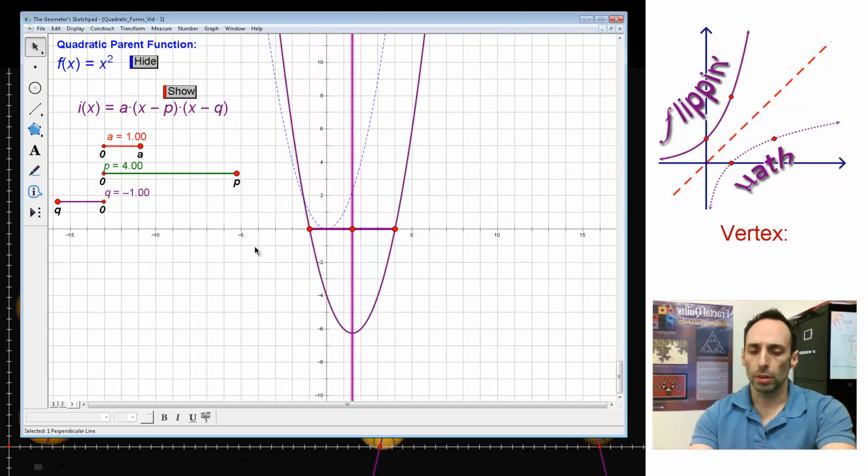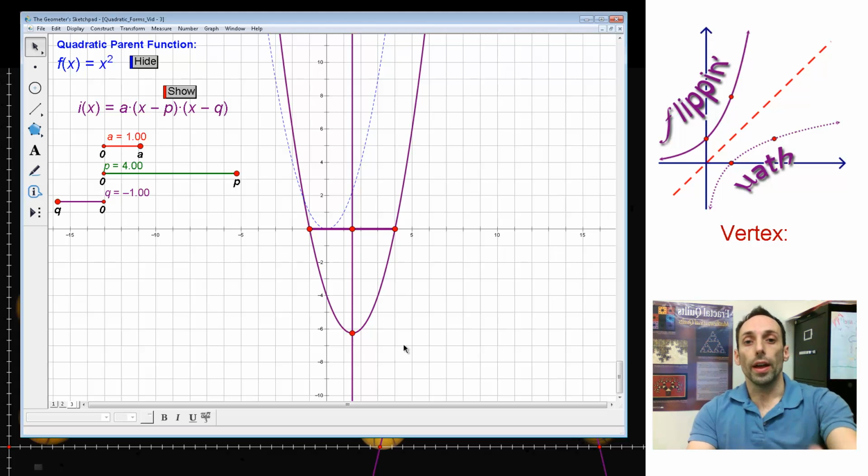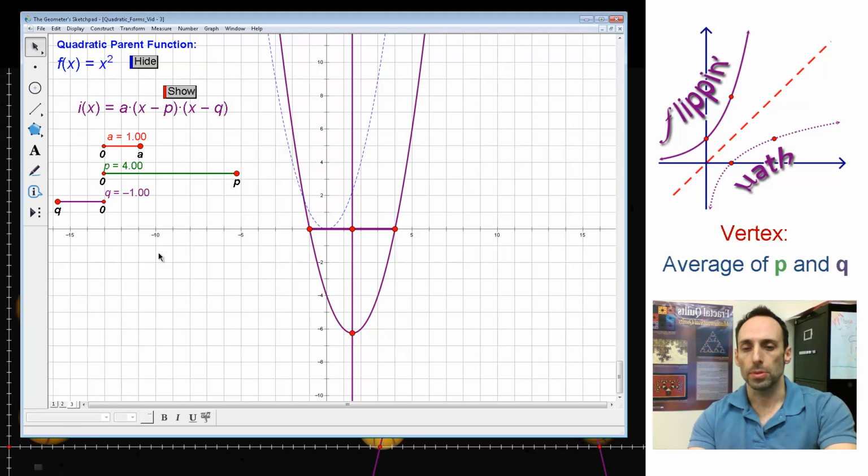What kind of line did I just create? The axis of symmetry. And its x value will be the same x value as where it is at the vertex. So in order to find the coordinates of the vertex, if it's in intercept form, you just average your two x-intercepts. In the equation, it's averaging the p and the q.